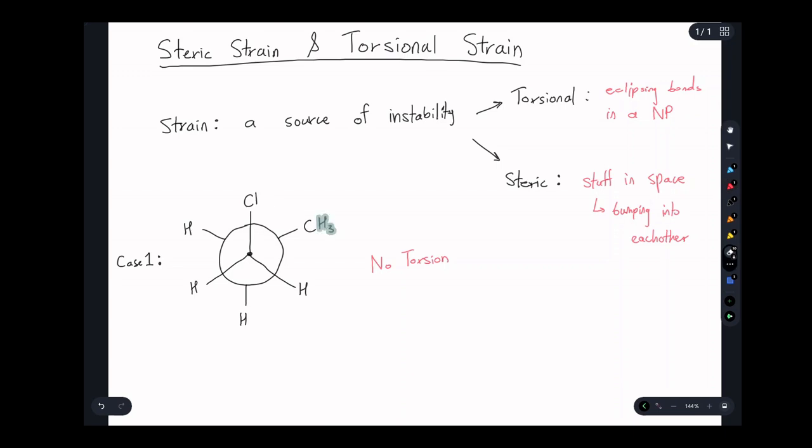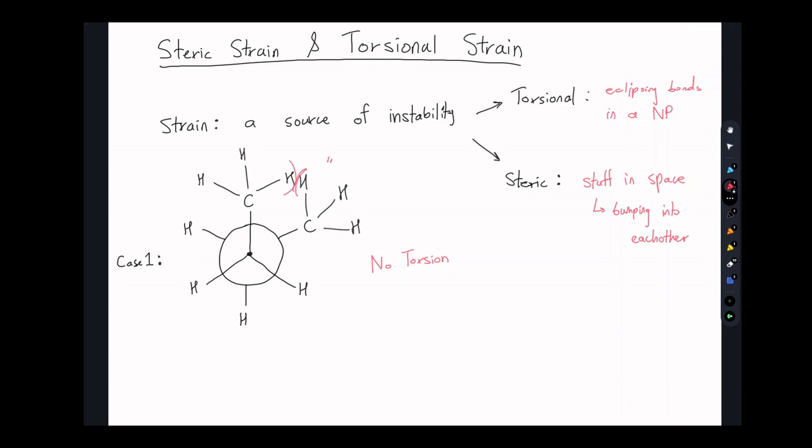So let's redraw these methyl groups with 3 long bonds to hydrogen. And you can start seeing that we're going to have some problems here. As these methyl groups get close together, they start bumping into each other. And this can sometimes be referred to as a steric clash. Right? So this indicates to us that this molecule has steric strain.